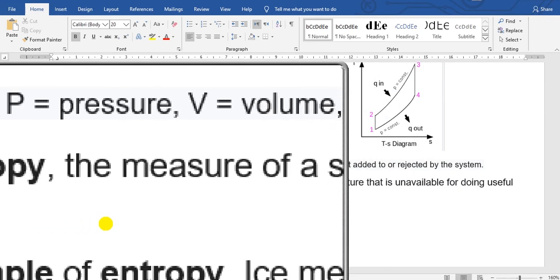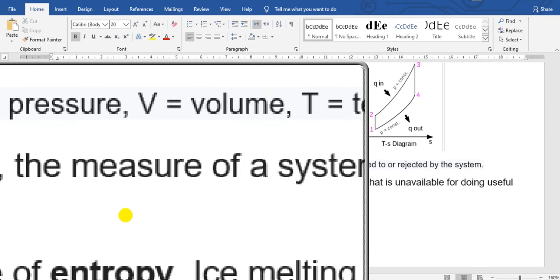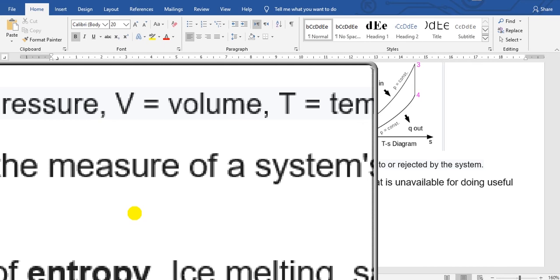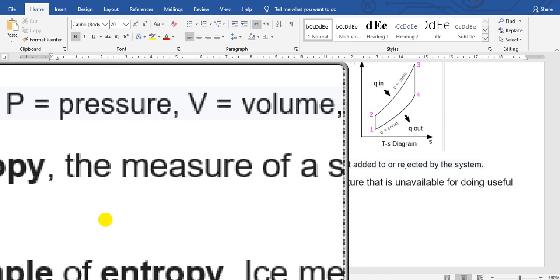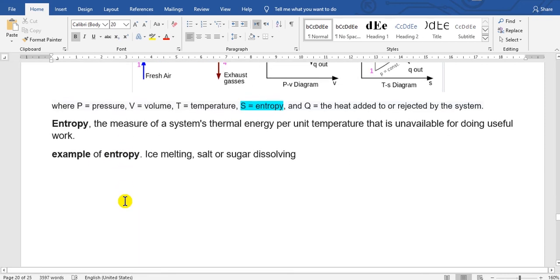Example for that: when ice is melting to water, the ice is at 0 degrees centigrade until the water also reaches 0 degrees centigrade. This is from ice to water. It is an example for entropy. Okay.